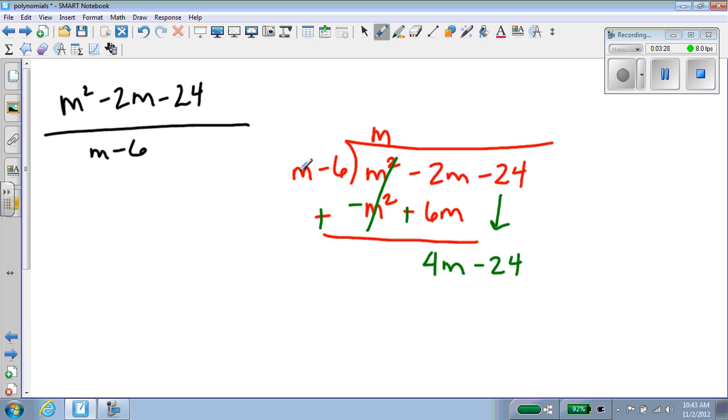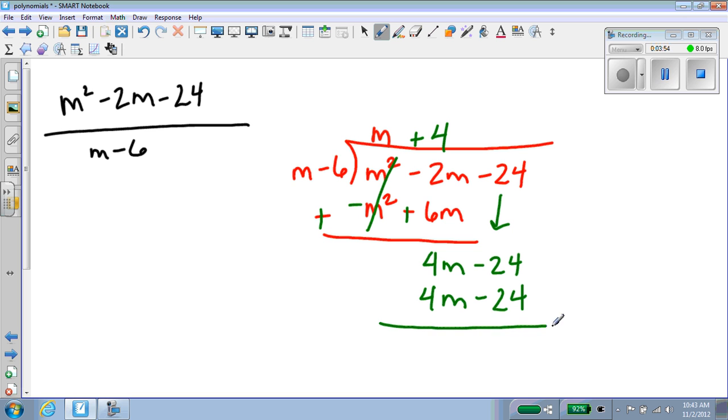4m divided by m, or another way of saying that, what would I multiply m by to get 4m? I would multiply it by a positive 4. Then each of these gets multiplied by 4. So 4 times m, 4m. 4 times negative 6, negative 24.